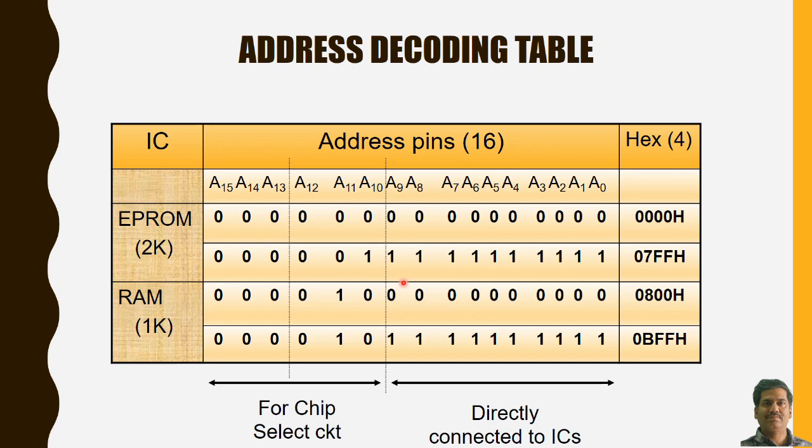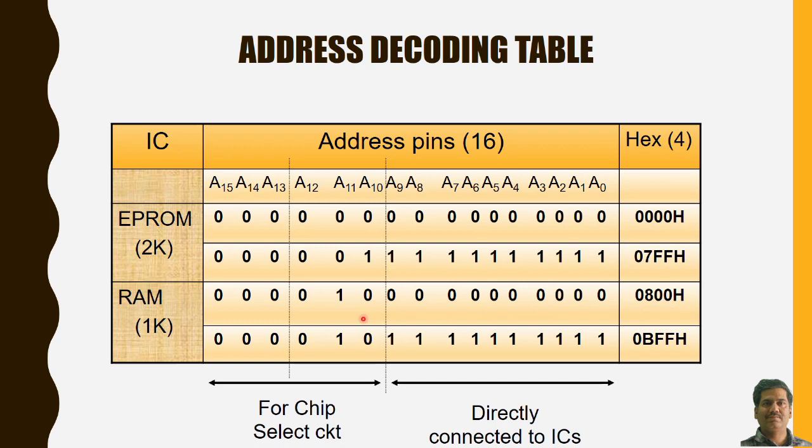But now what is happening is that we have to use this EEPROM right from the starting address 000. So from 000 it will have the end address 07FFH. Now the RAM is after the EEPROM, therefore the next memory location will be 0800.